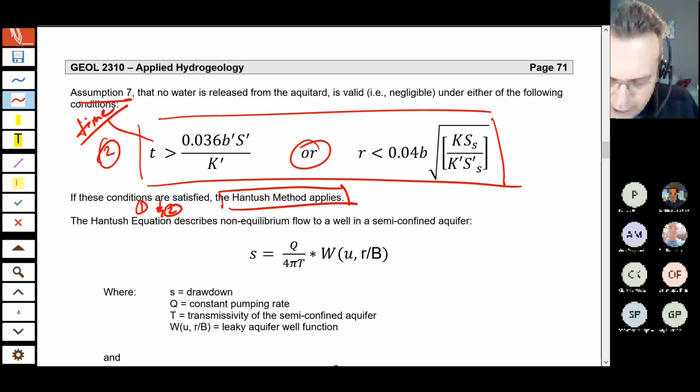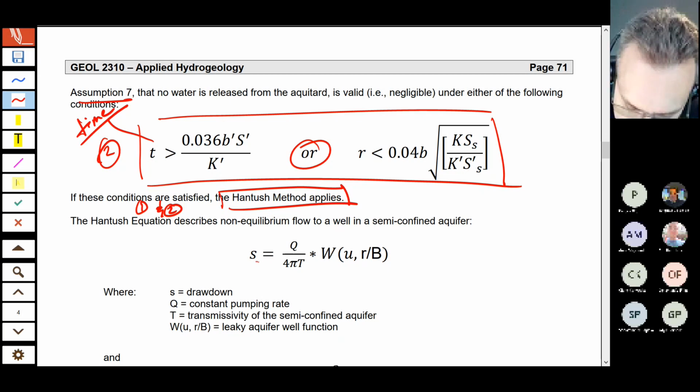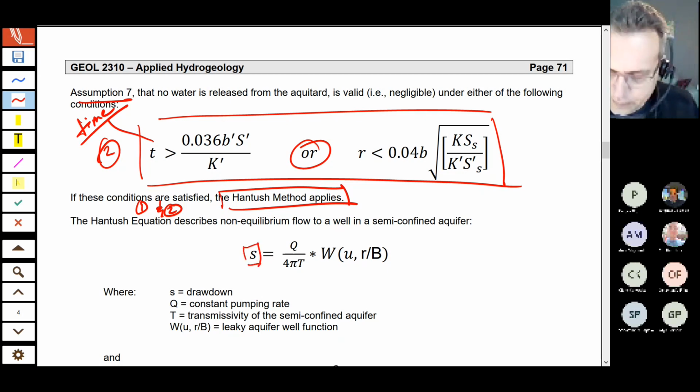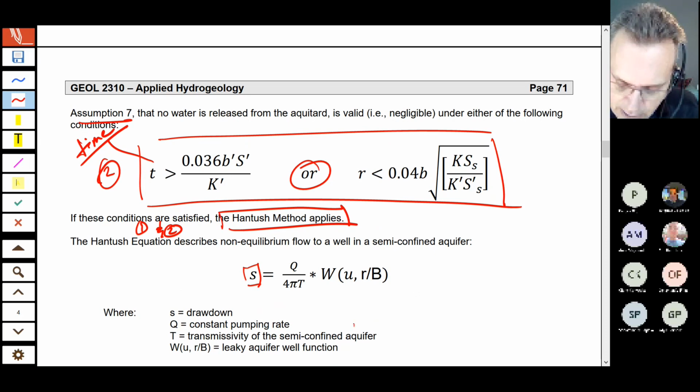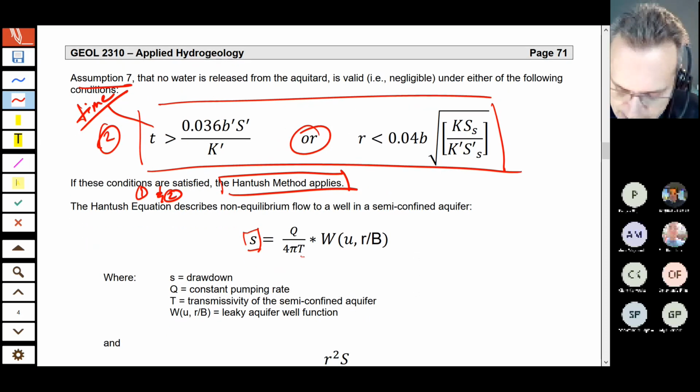Now, what is the equation that you're trying to determine? Typically it's going to be a drawdown, because a lot of times we already have a storativity provided to us, or transmissivity. It depends on the nature of the question.